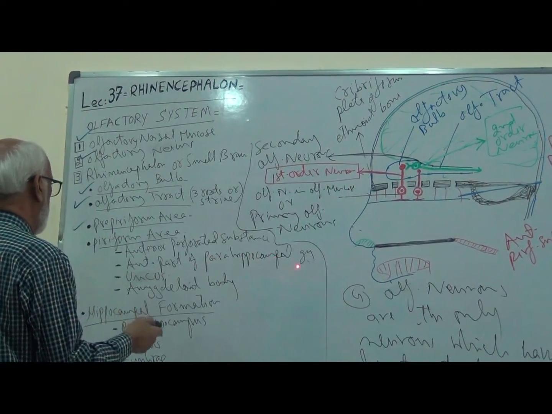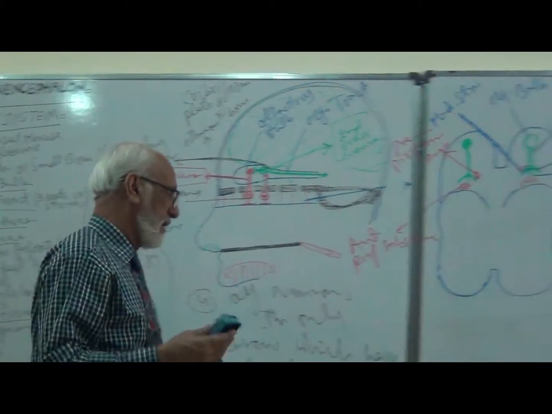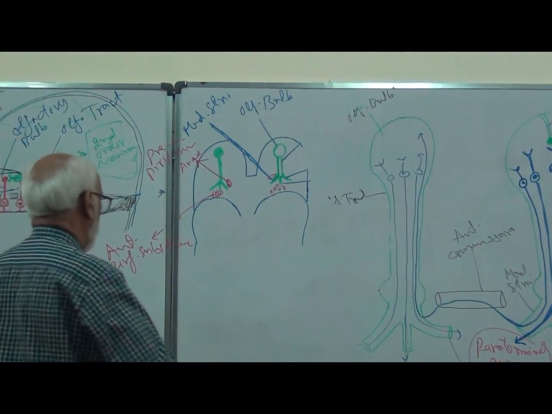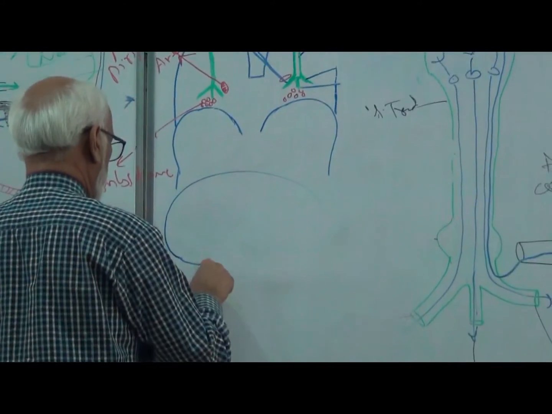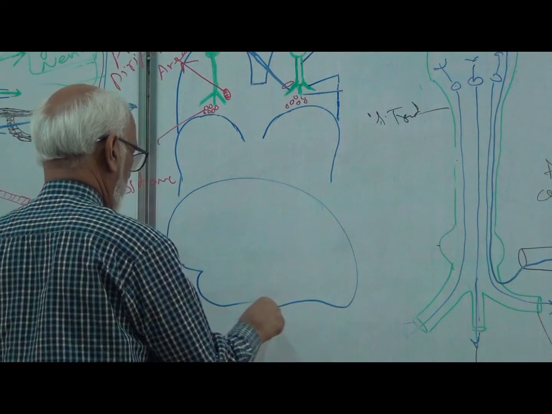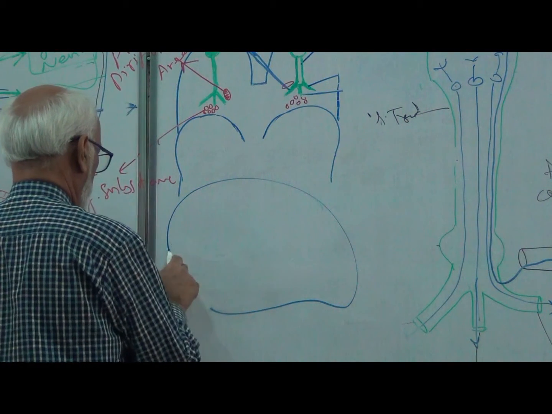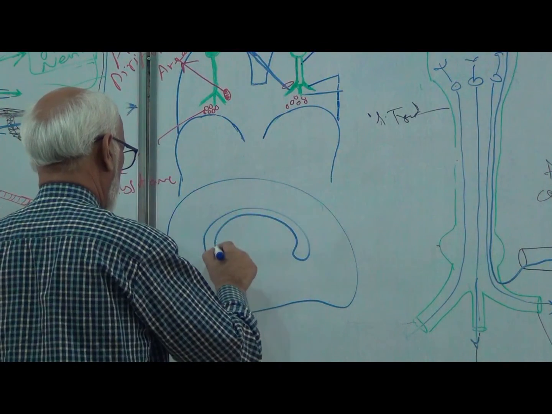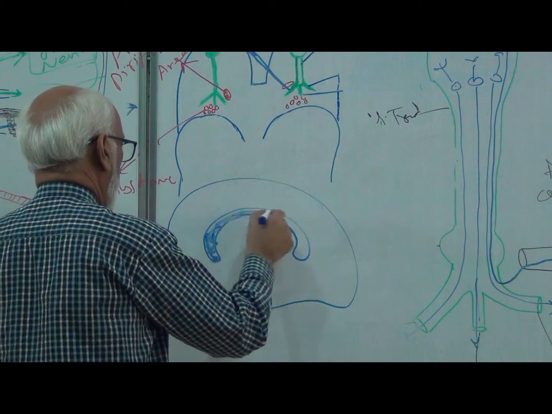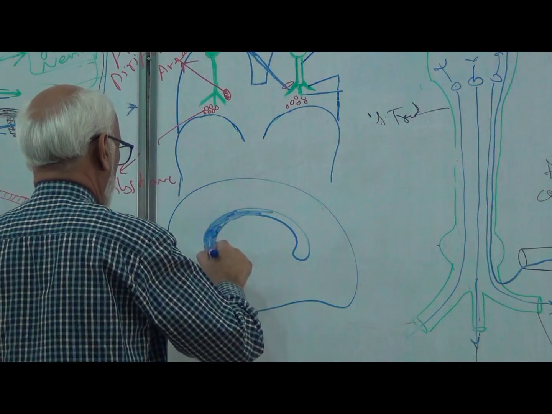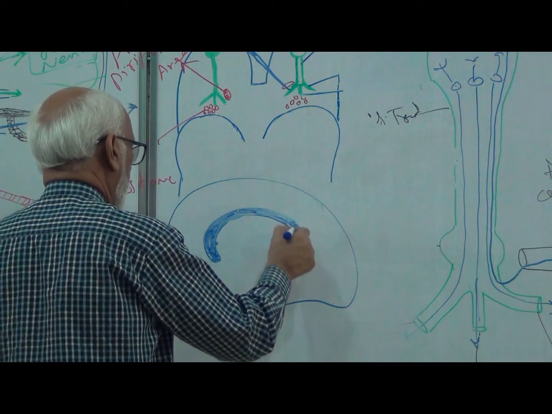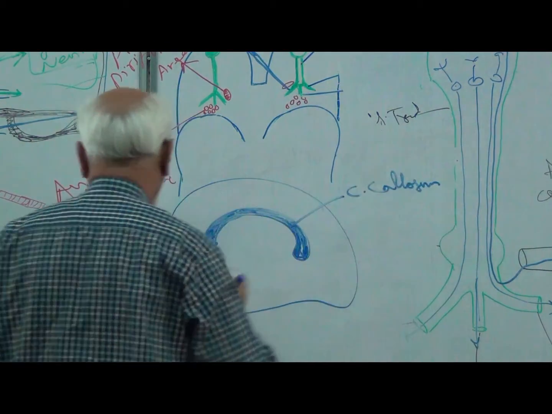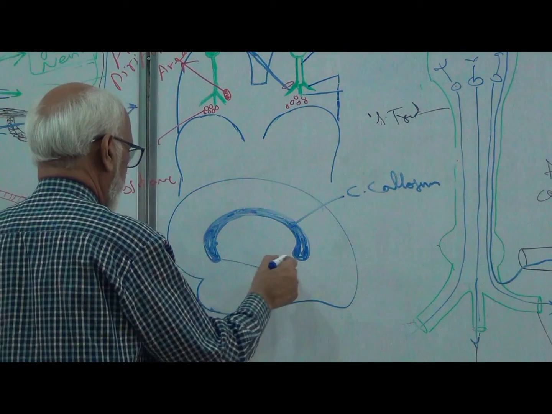Next, the anterior part of the parahippocampal gyrus and uncus. Now the medial surface of the cerebral hemisphere: this is a section through the corpus callosum. And there are different midline structures.